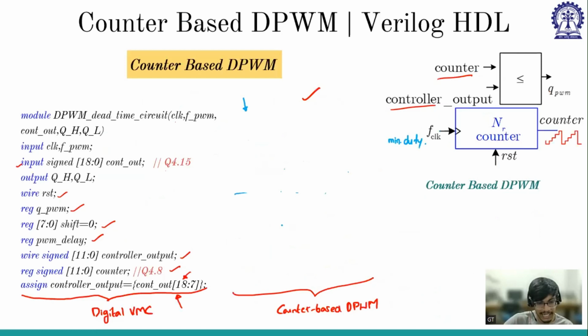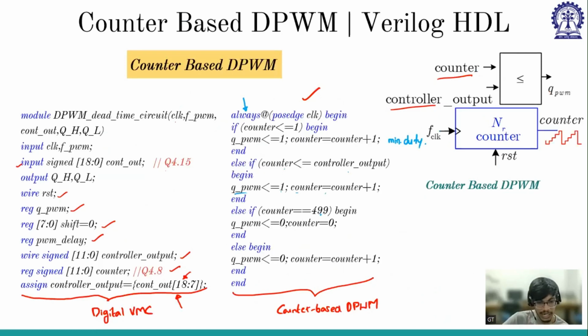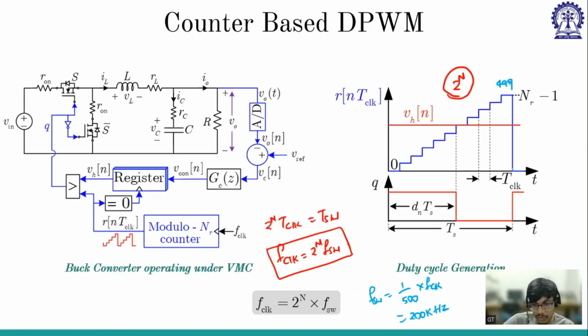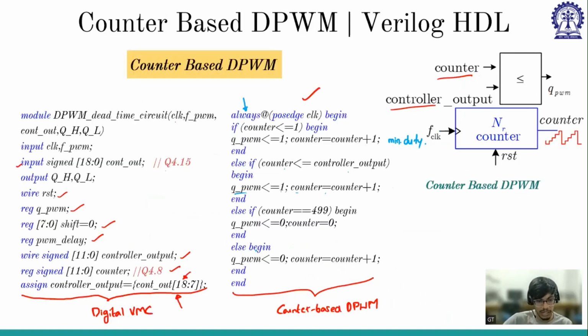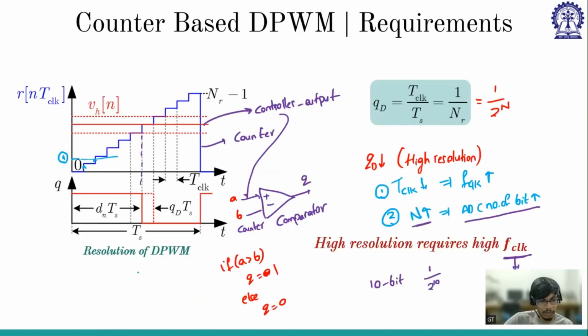So SAR is resetting it. So after it reaches 499, QPWM should be 0 and counter should be reset. So after this point, what is happening? After this point, counter is being reset, right? And in the other cases, one thing you should keep in mind is, there are two regions.